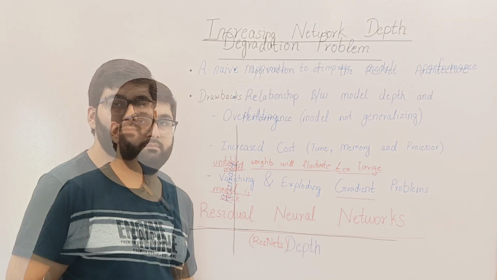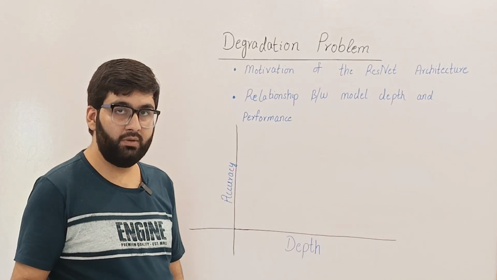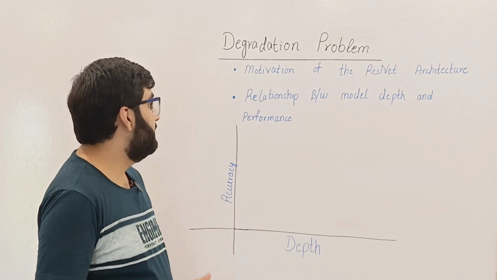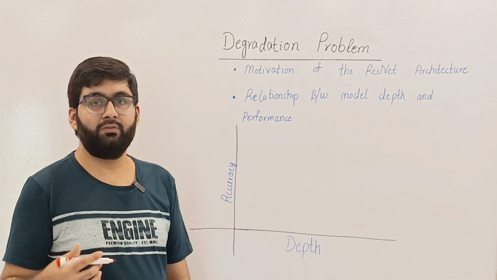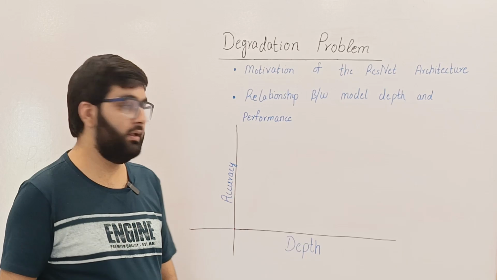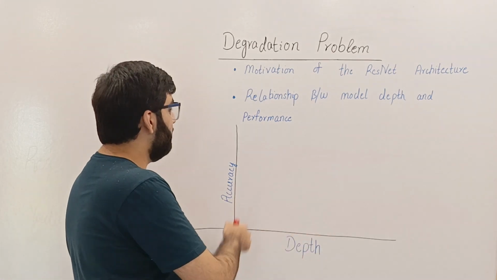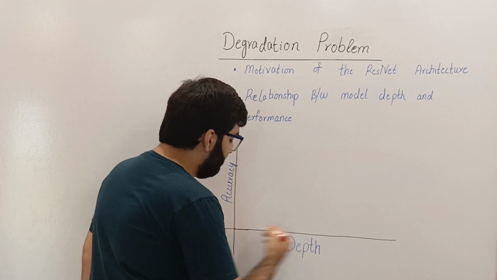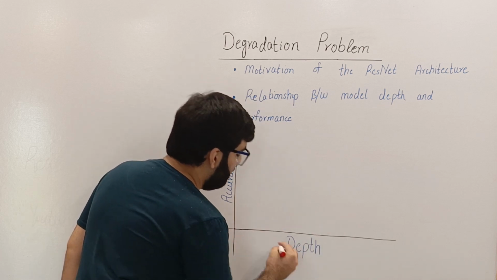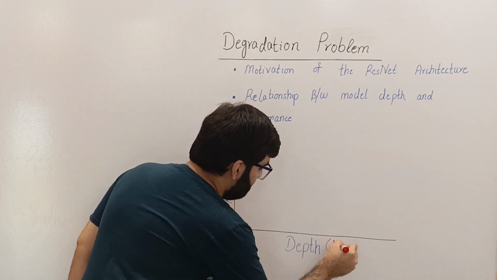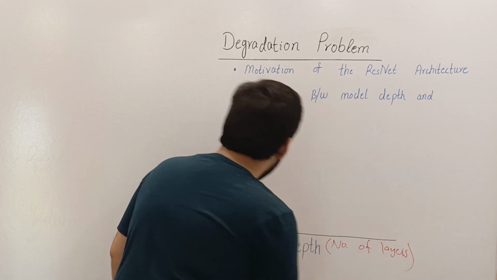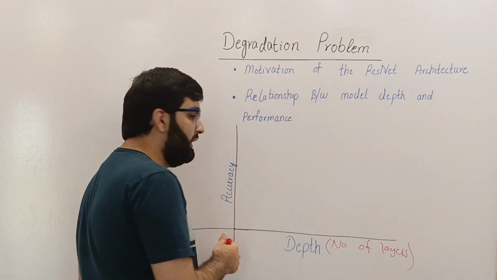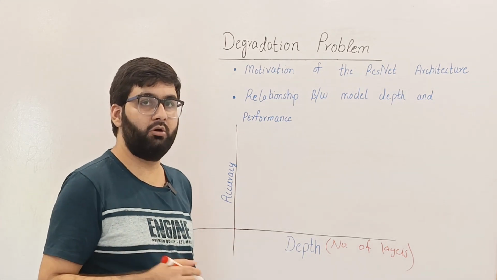So let's move on. The degradation problem was the motivation behind the development of the ResNet architecture. This problem explains the relationship between the depth of the network and the performance of the network. Look at this example graph. The horizontal axis is the depth of the model, or the number of layers in the model, and the vertical axis is the accuracy, which is a measure of the performance of the model.